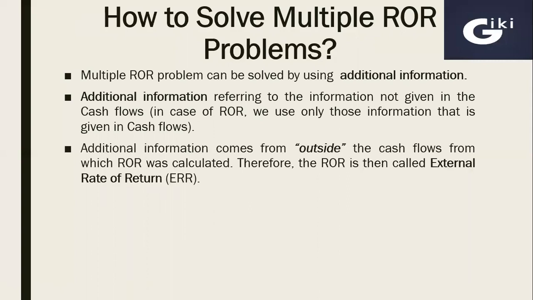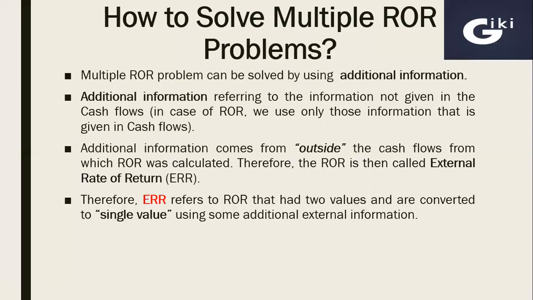Additional information comes from outside the cash flows from which ROR was calculated. Therefore, the ROR is then called external rate of return. Once we use external information to calculate the ROR value, the new rate that we calculate is known as external rate of return, because this is calculated on information coming from outside the project.